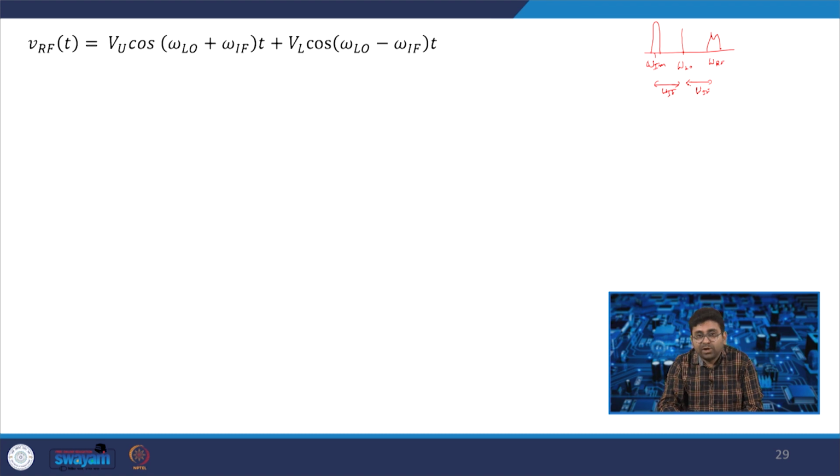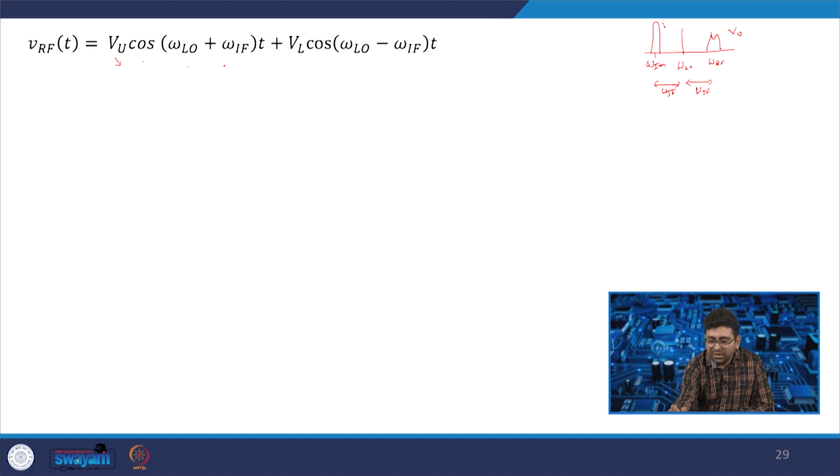So, what I can write is, if the voltage of this is given by V_u, the upper sideband voltage, omega LO is at the center; the right hand side, which is a higher frequency, is called the upper sideband, and the lower frequency is called the lower sideband. So V_u, the upper sideband voltage, times cos(omega LO plus omega IF), and V_L cos(omega LO minus omega IF).